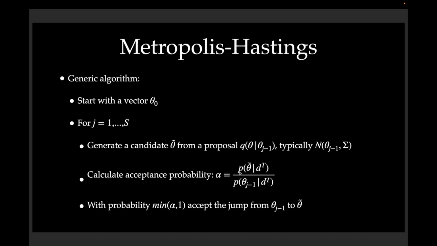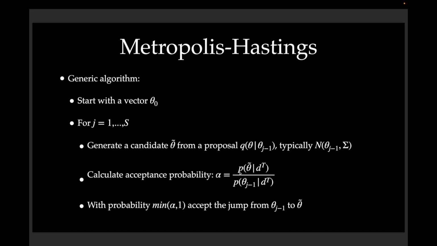You need to decide on a proposal. Let's call this proposal Q. And you see that Q is defined as: I get a new draw, a new theta, given my old draw, j minus 1, because the previous value impacts your next value.